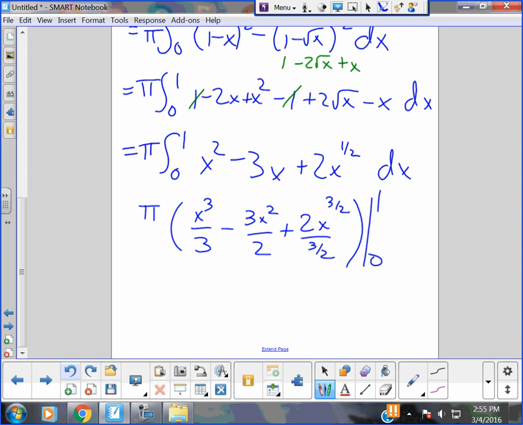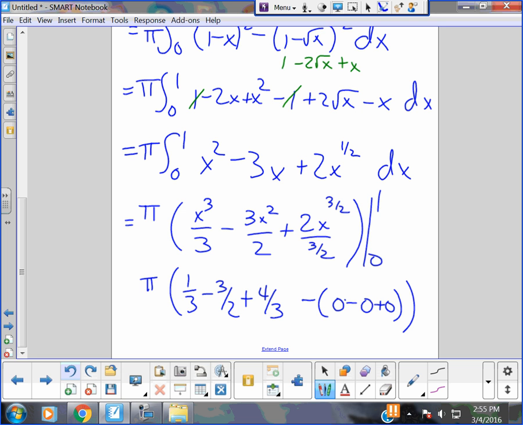I love problems with 1 because when I cube 1, it's still 1. I can pretty quickly do the math here. 1/3 minus 3 halves plus, plug in 1, take 2 divided by 3 halves, it's 4/3, minus 0, minus 0 plus 0 when I plug 0 in.